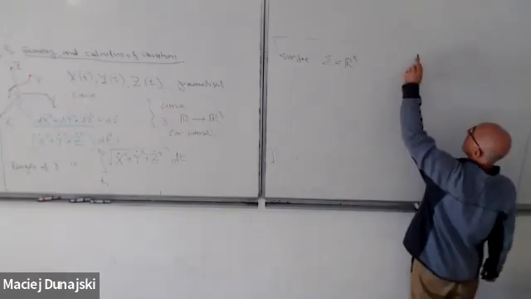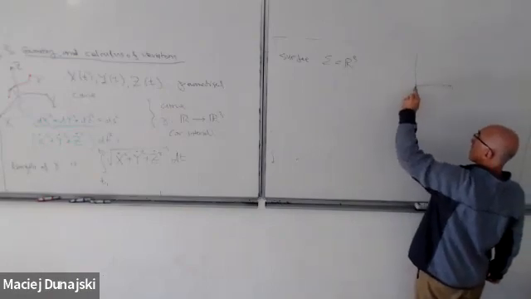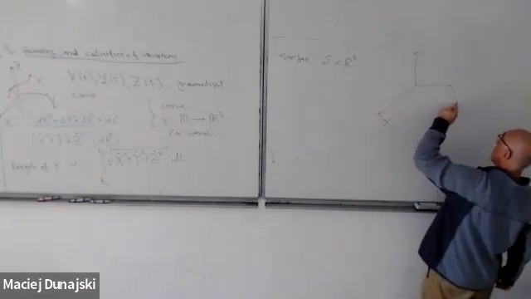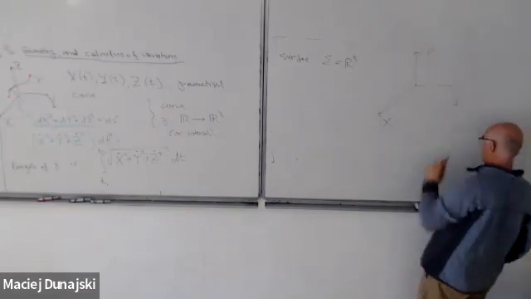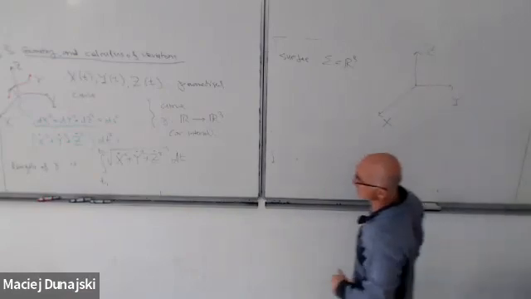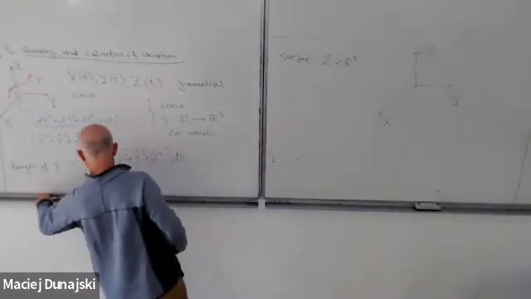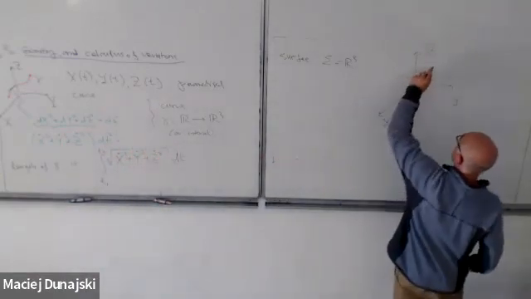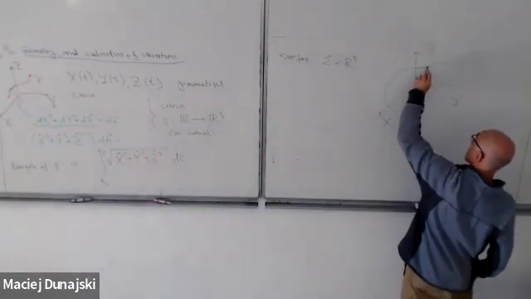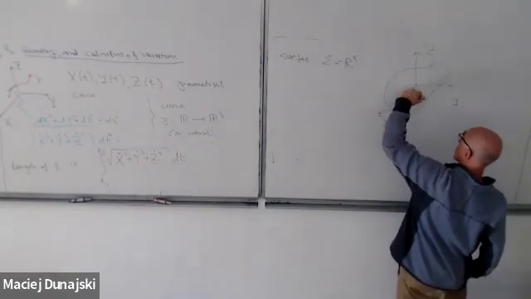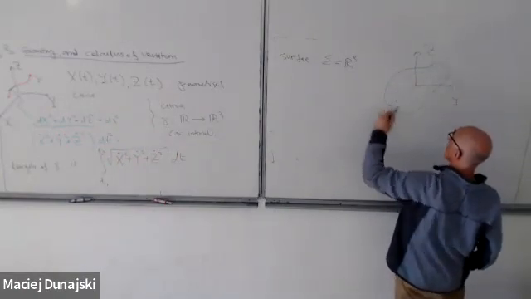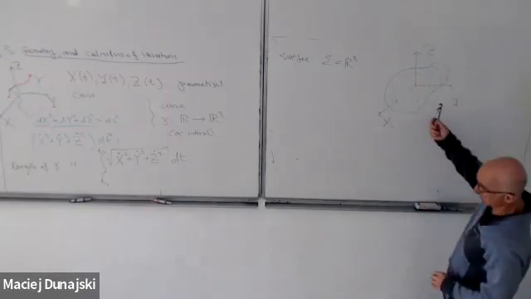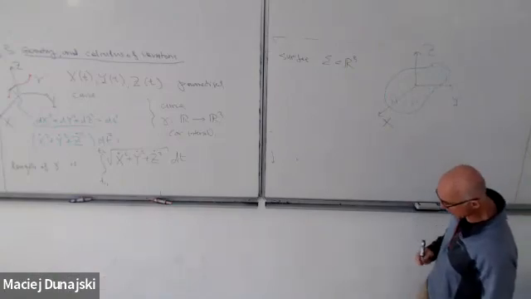So we still have our capital X, capital Y, and capital Z, and some surface. Think of the surface of a sphere, if you want to do it in X, Y, Z space.